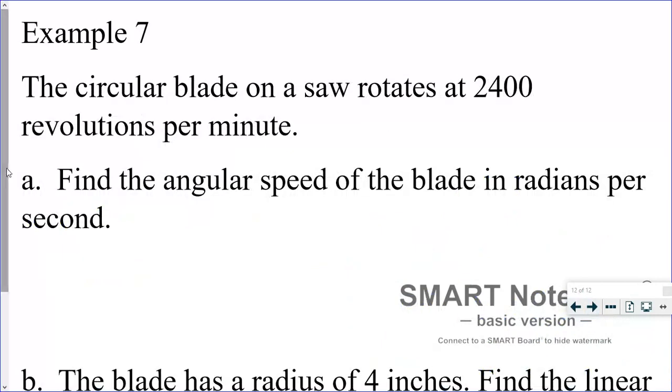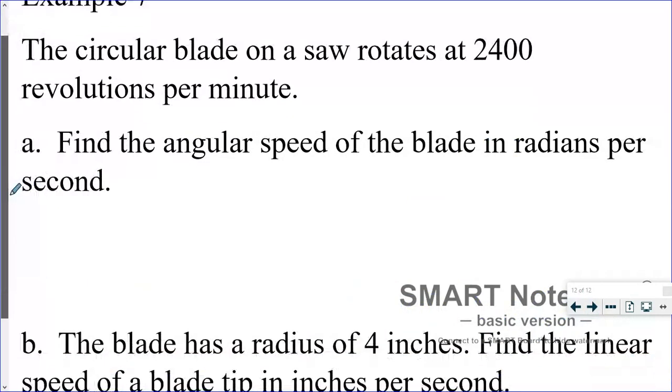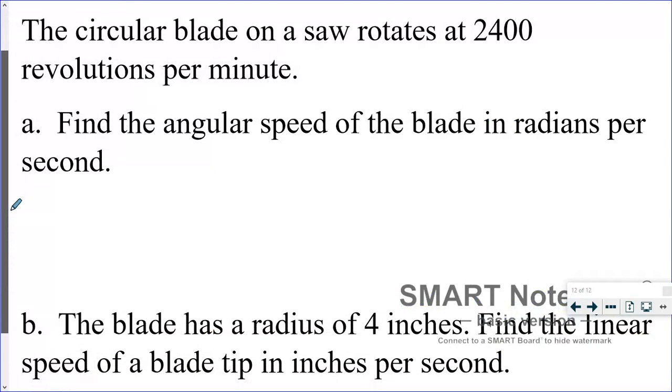All right, so here, the circular blade on a saw rotates at 2,400 revolutions per minute. Find the angular speed of the blade in radians per second. Well, angular speed we know is simply theta over t. It wants it in radians.